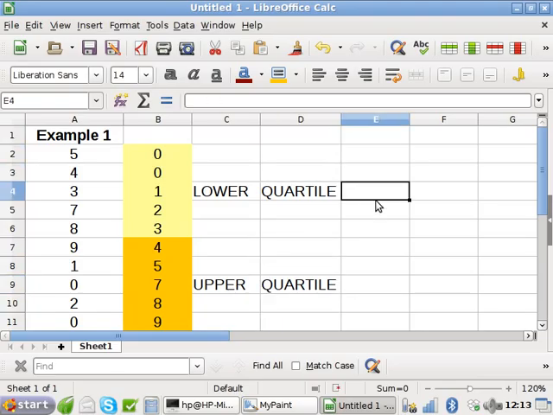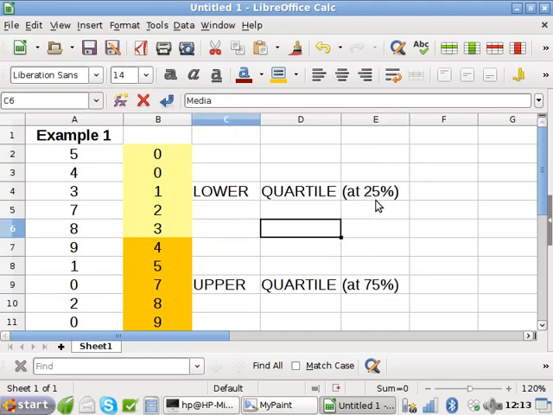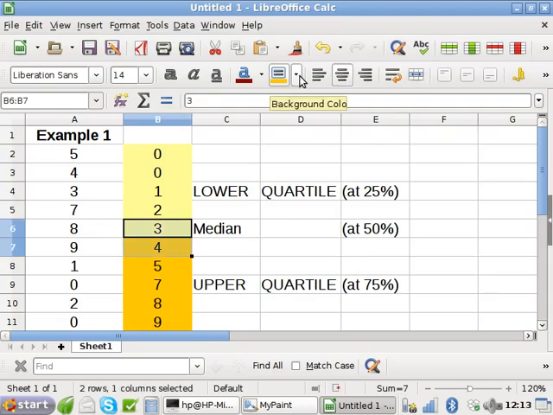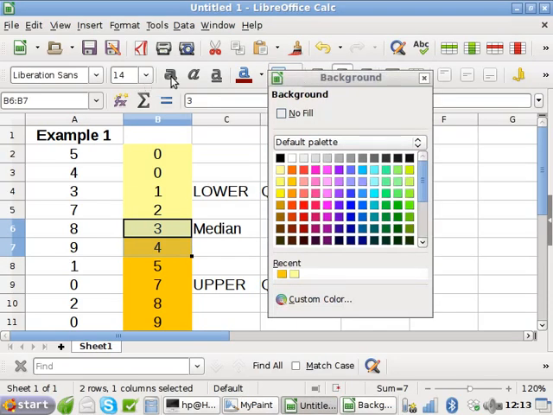So the lower quartile is at the 25th percent mark, and then here this is at the 75th percent mark, and then the median is at 50%, which I'll put in bold.